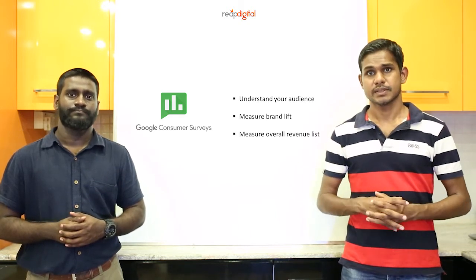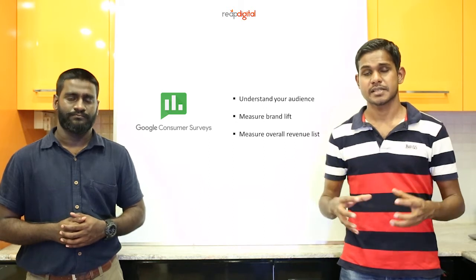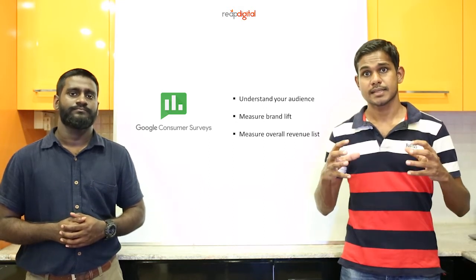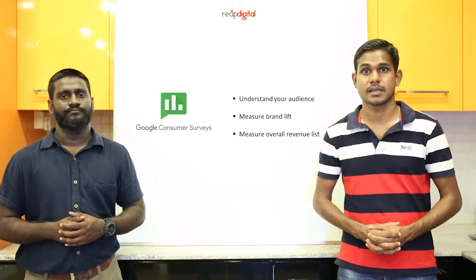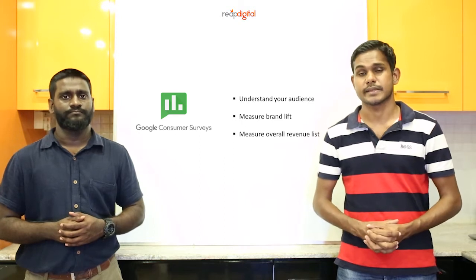By using Google Survey, you can understand your audience better, then understand your brand lift. Finally, you can quantify total revenue lift for your campaign, because in some cases you have to run a campaign for an online website plus an offline store. If you want to understand the total revenue impact, or the total foot traffic plus revenue from the e-commerce website, you can simply use Google Consumer Survey.